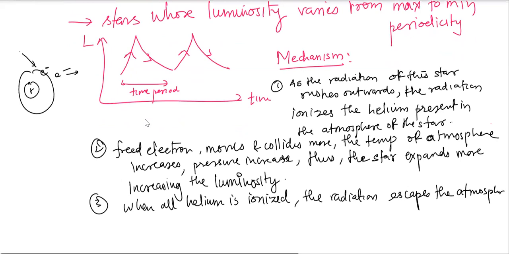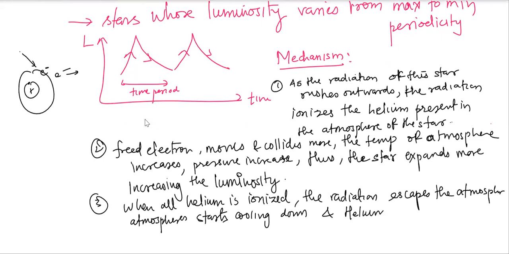Okay, the radiation escapes the atmosphere, and what happens is the atmosphere starts cooling down, and the helium recombines with the electrons.